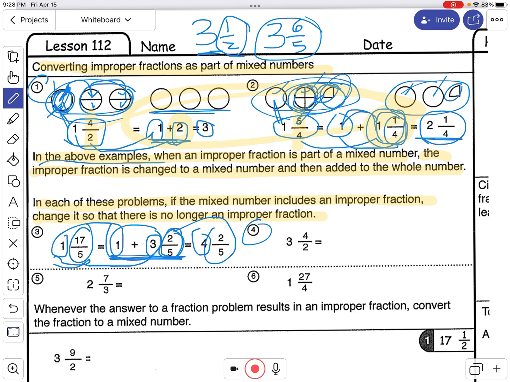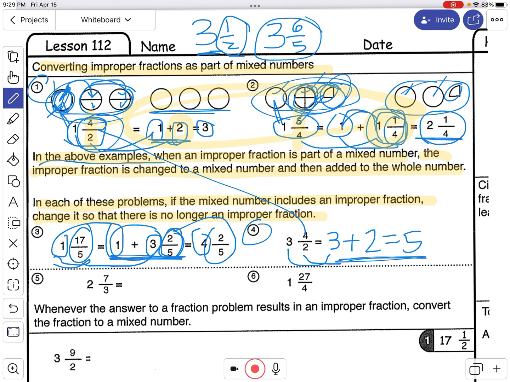So what you should have written here, should have already done it, is just copy the 3. You have to show your work like this. And then 4/2 is equal to 2. 4 divided by 2 is equal to 2, which is equal to 5 altogether. This is how you have to show your work right here. Notice that 4/2 was up here. You remember that? We already did 4/2.